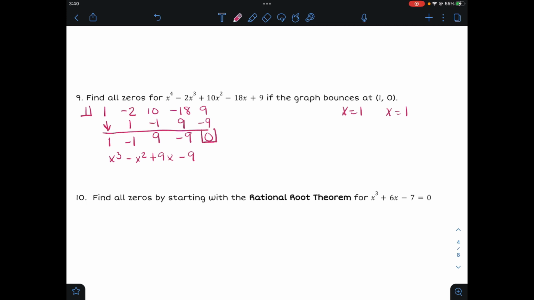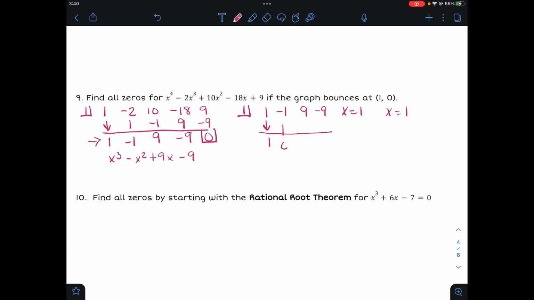We're going to go ahead and use 1 again because this bounces at 1, so that means 1 is our solution twice. So we're going to do the same thing, but this time we're going to use this new equation that we created. Now it's pretty easy because we can just use what's already down here in this final row for our numbers: 1, negative 1, 9, and negative 9. And we're doing the same thing again.